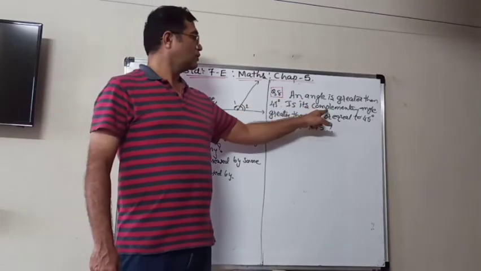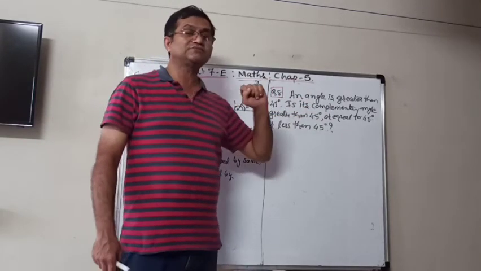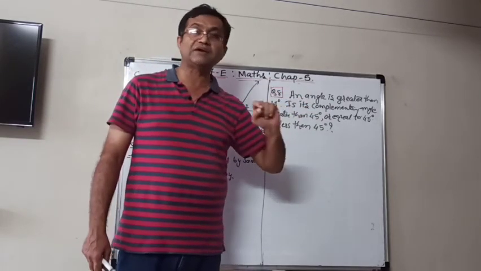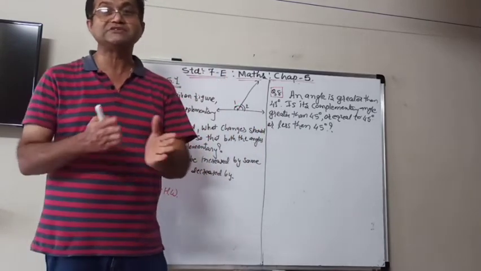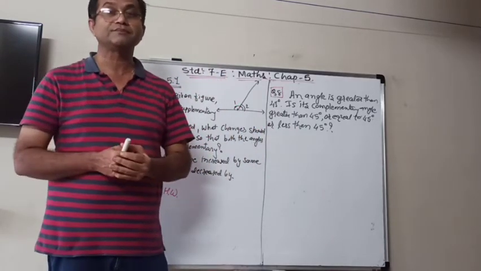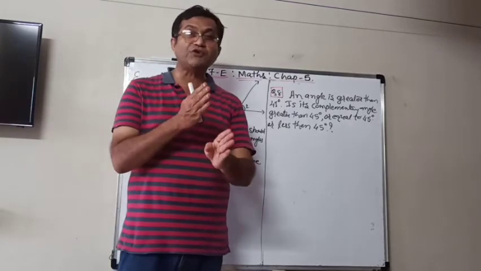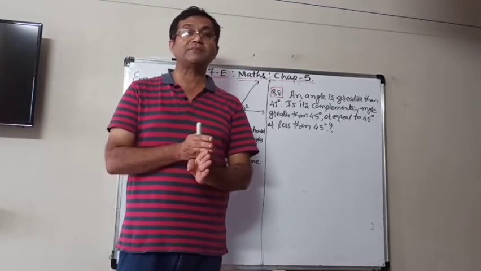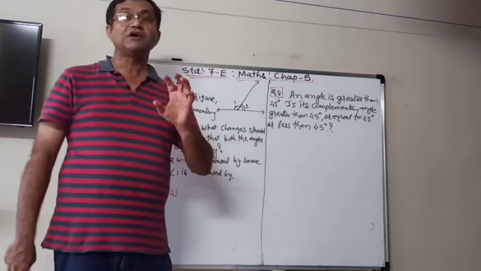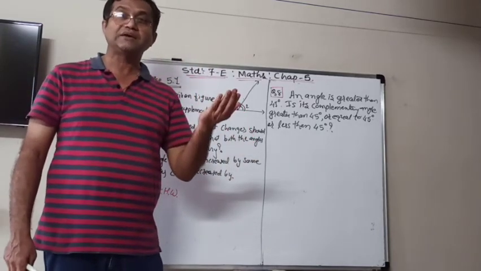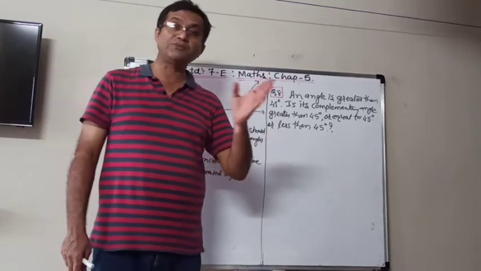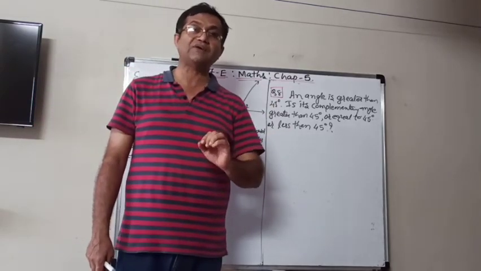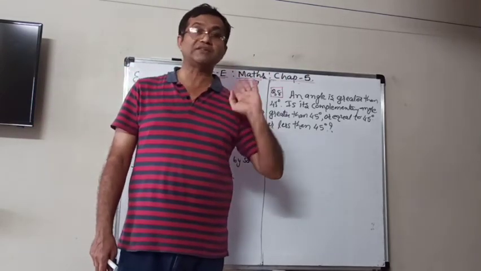So now if it is already greater than 45 and complement means sum of them will be 90. So if it is 45 also, then what will happen? Sum of them will be more than 90 degree because that one is already greater than 45.